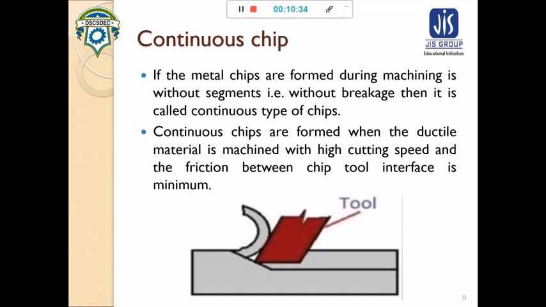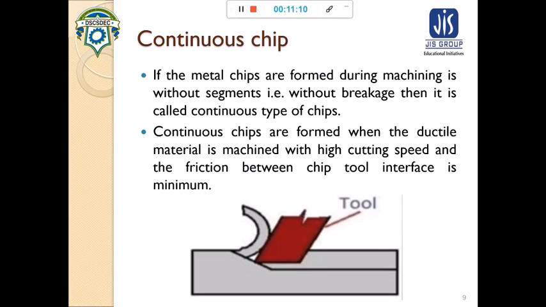Now this continuous chip can be made by using ductile material with high cutting speed. When ductile materials such as mild steel, aluminium, or copper are machined with high cutting speed and the friction at the chip-tool interface is very low, this continuous chip can be formed.